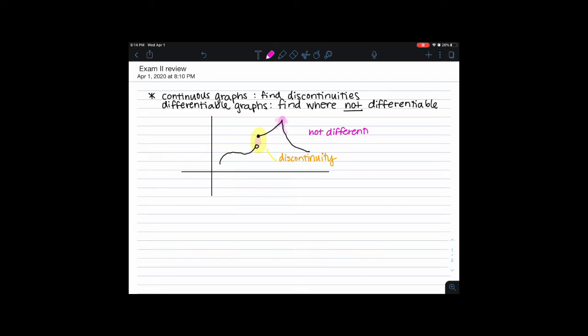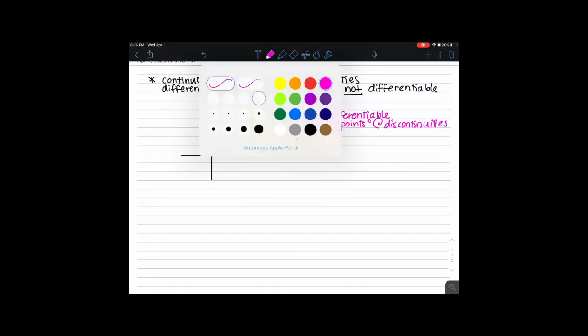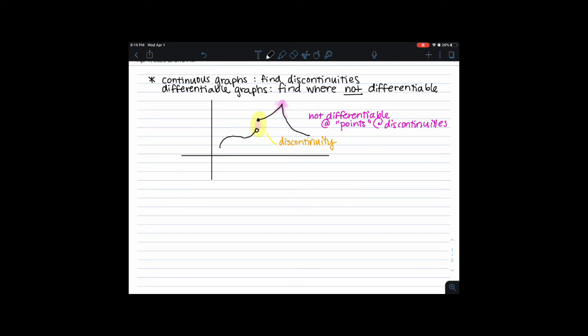So things are not differentiable at points and at discontinuities. Okay, hopefully that's all pretty clear.